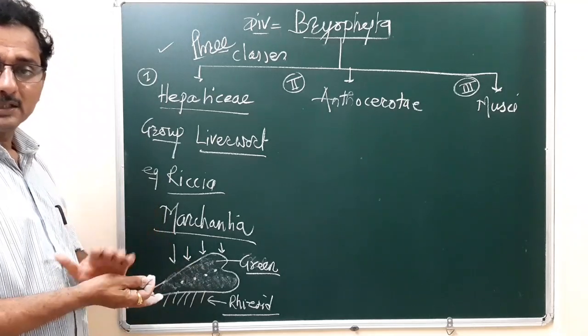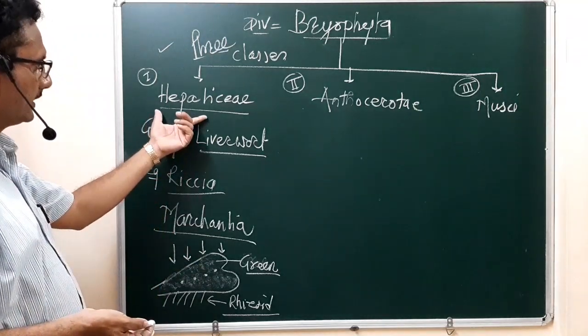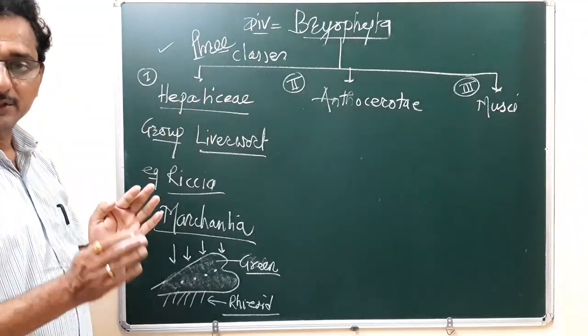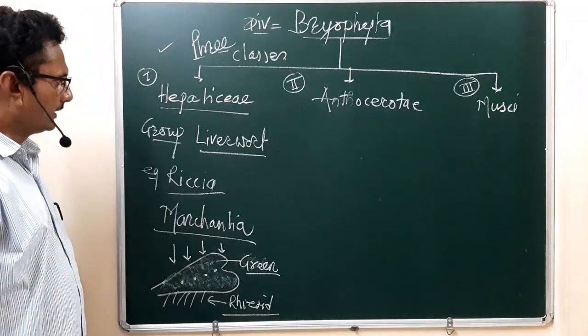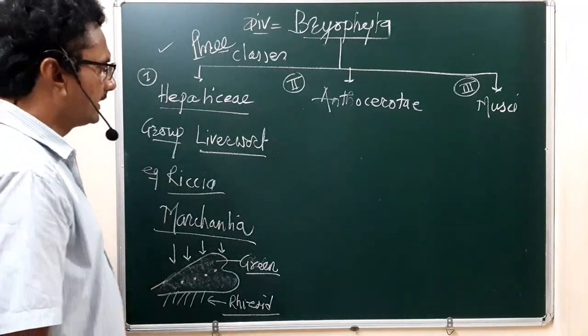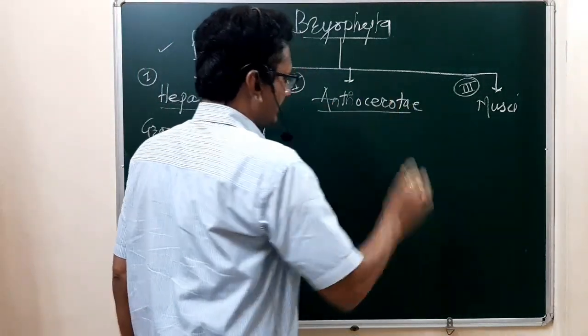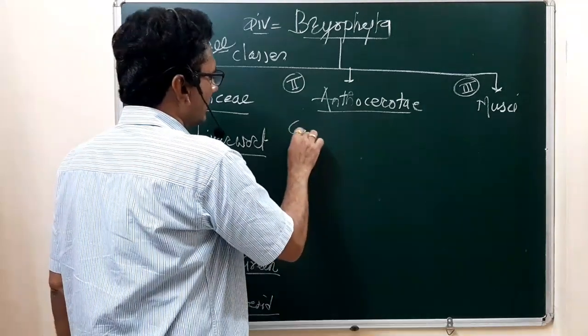So this is the characteristic feature of the class Hepaticae under the division Bryophyta. The plant body is totally dorsiventrally flattened, so you have to remember. Then the next class is class Anthocerotae.